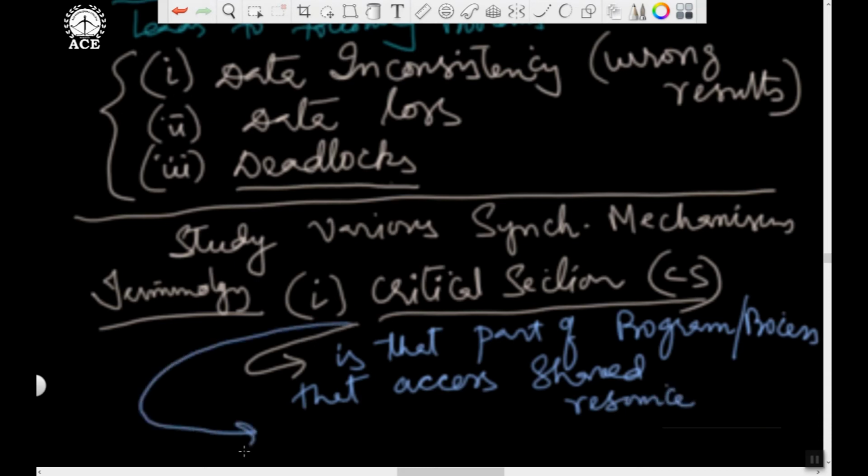Otherwise, if there is no shared resource access, then that part of the program is called non-critical section.